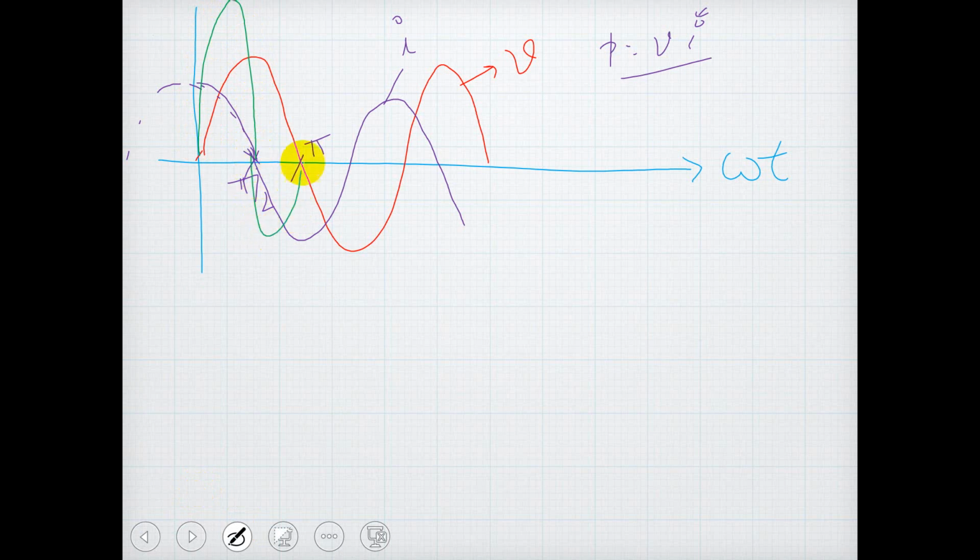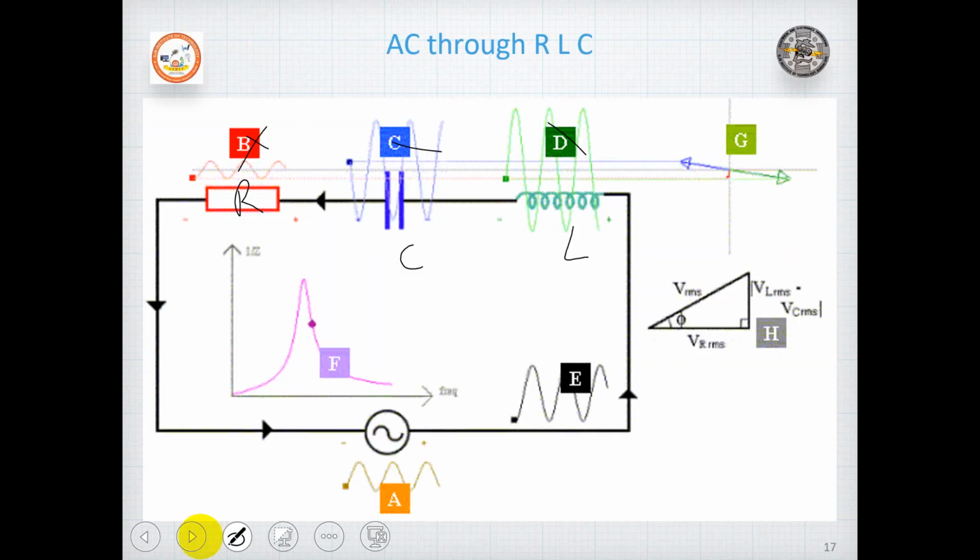So the negative lobe starts here. So this can be the positive lobe and this can be the negative lobe. So looking at this, the power, voltage and current waveforms can be drawn. So this is power.